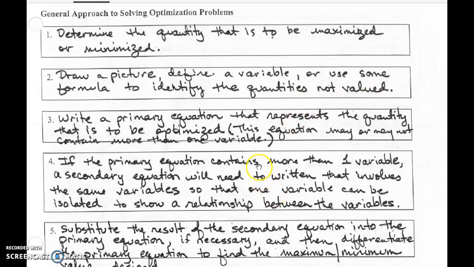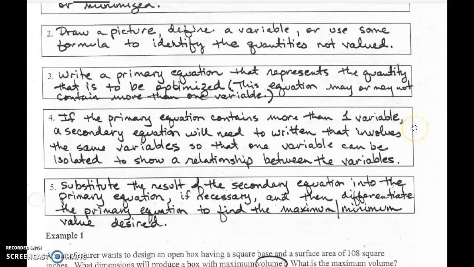Typically what happens is that there will be two different equations. So that's where he says a primary equation that represents the quantity that you want to optimize, whether that's the maximum or the minimum value. It's the same premise where I talked about maximizing profit. You might want to minimize cost, so that might be another situation.